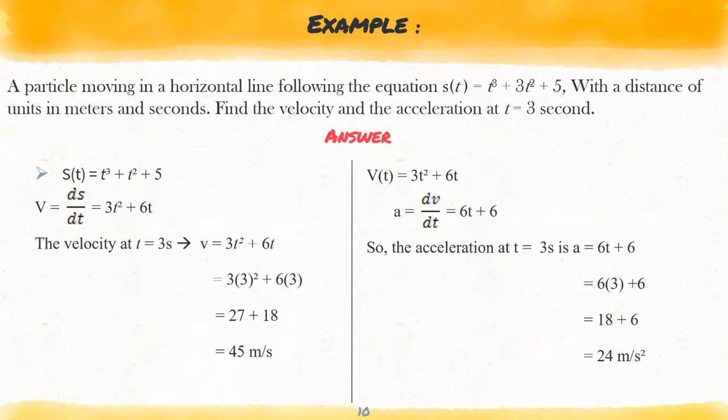So the acceleration at 3 seconds, we just put 3 into 6t plus 6. So we get 6 times 3 plus 6 equal to 18 plus 6, and then we get the acceleration is 24 meters per second squared.